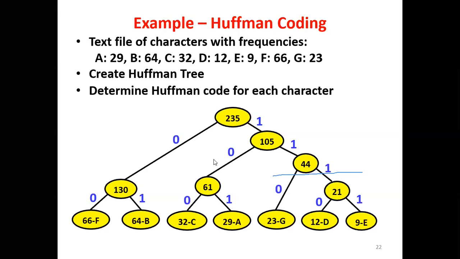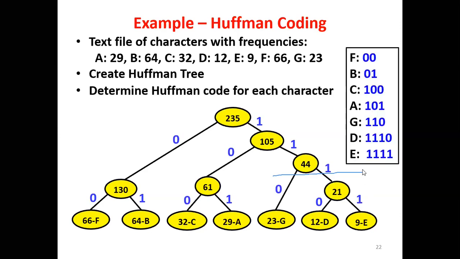For us to identify the corresponding Huffman code of each of these characters, we have to follow from the top to the leaf node. If we start with F, for instance, F is 0, 0, so it is represented with 0, 0.